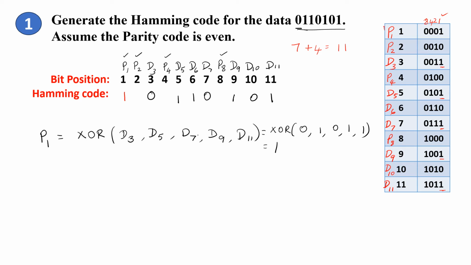Next, let's find P2, XOR of. Let's find the data bits. Here we have to see the second position. Among the data bits, wherever 1 is present in the second position, we are going to check.